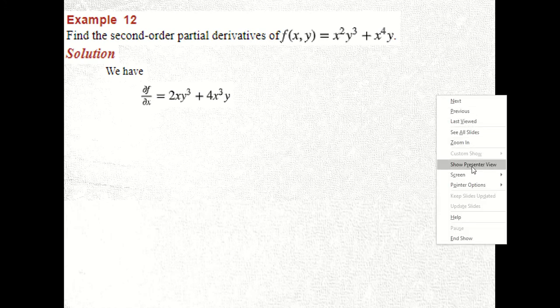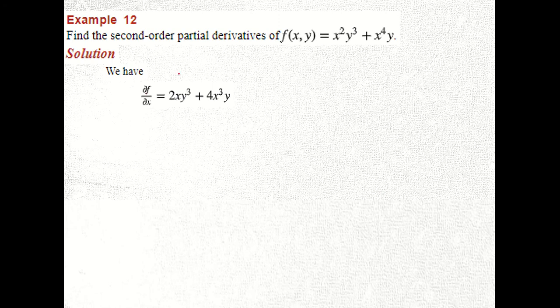Since we are differentiating partially with respect to x, we hold y as constant. So y is constant for the second term, and we just differentiate this.